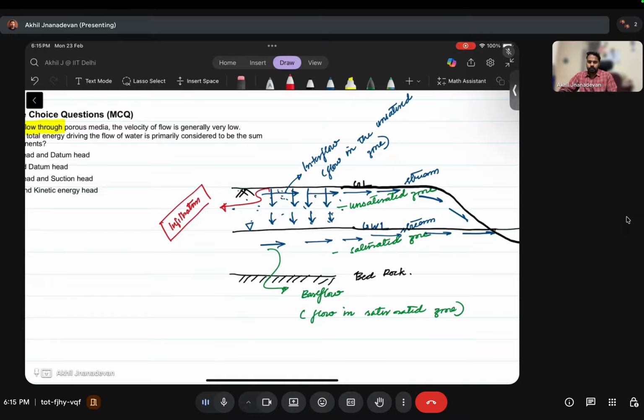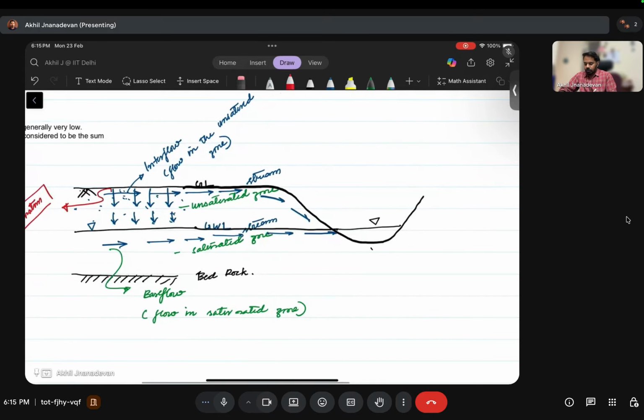Okay, and this infiltration happens in a subsurface medium, and mainly in the subsurface we have two types of particles, soil and rocks. These are the two materials that are present in the subsurface, right?